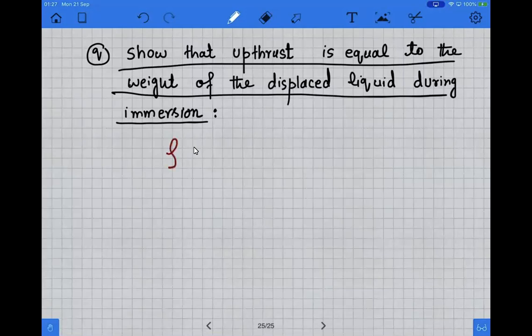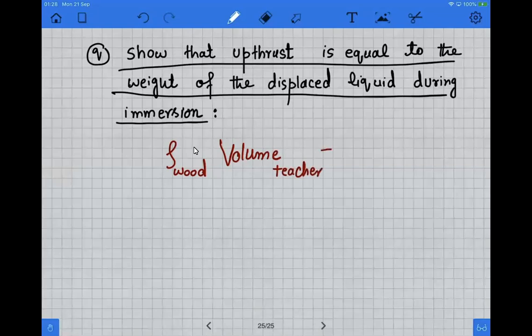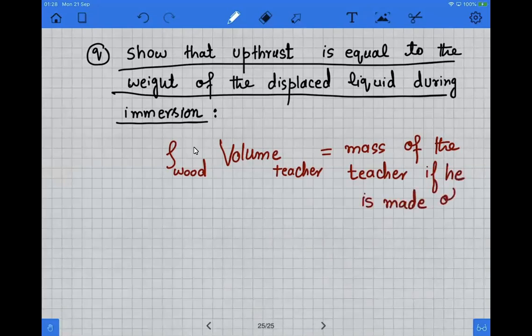If we multiply the density of wood with the volume of, for example, a person, say a teacher, then it is the mass of the teacher, if he is made of that certain wood.